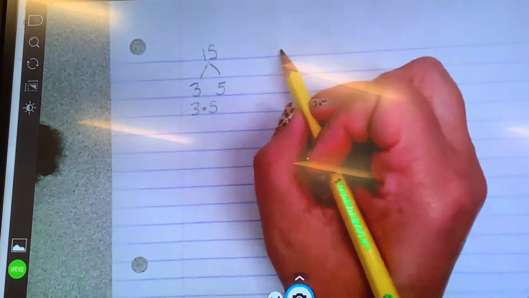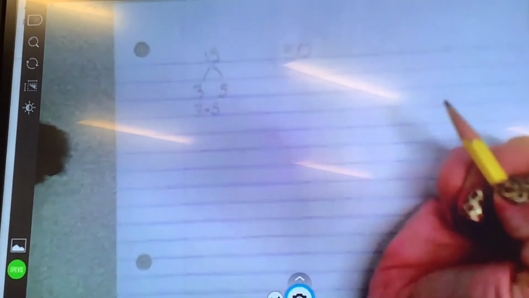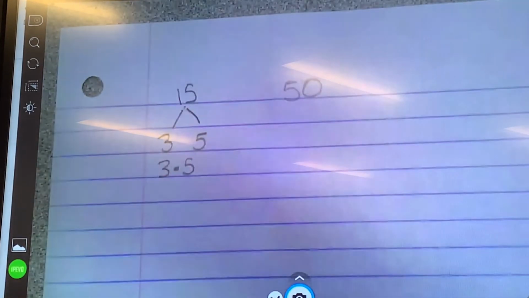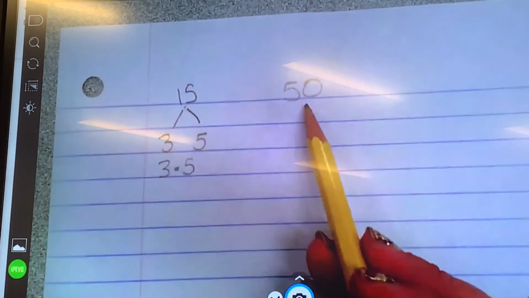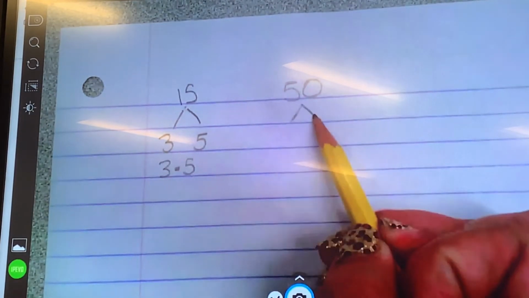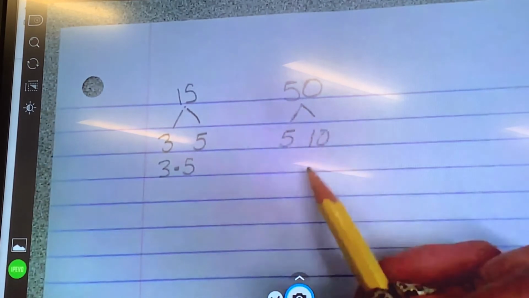Let's look at 50. Sometimes my camera takes a little longer to get focused. So 50 ends in 0, so I know that 10 is a factor. So I'm going to say 5 times 10 is 50.